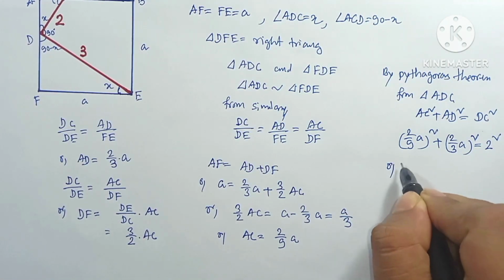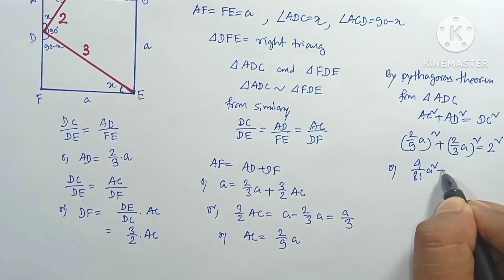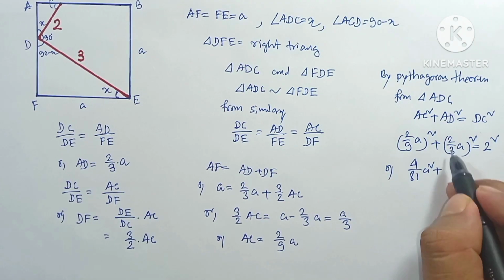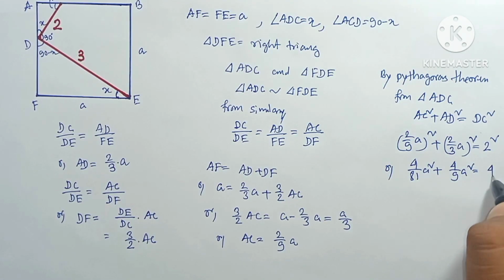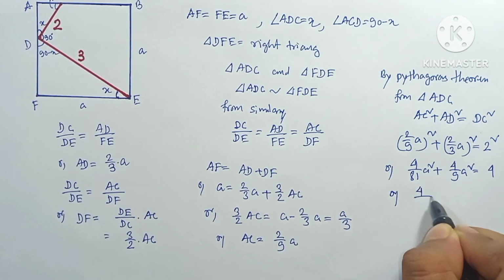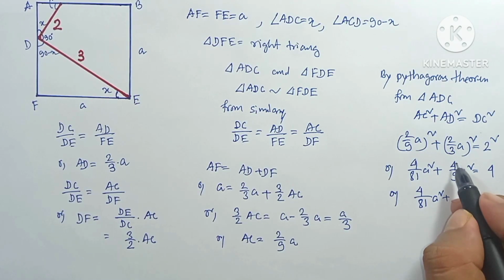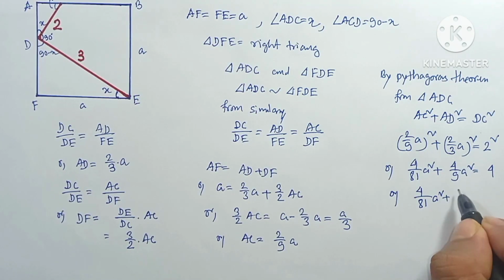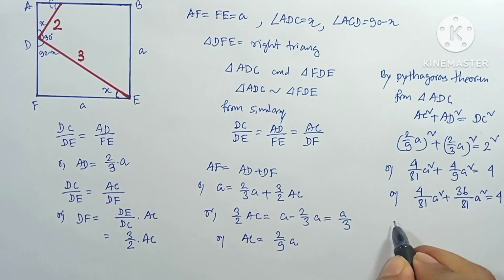squared. Or we can write that this is 4 by 81 times a squared plus this is 4 by 9 times a squared is equal to 4. Or we can write, multiplying denominator and numerator by 9, 36 by 81 times a squared is equal to 4.